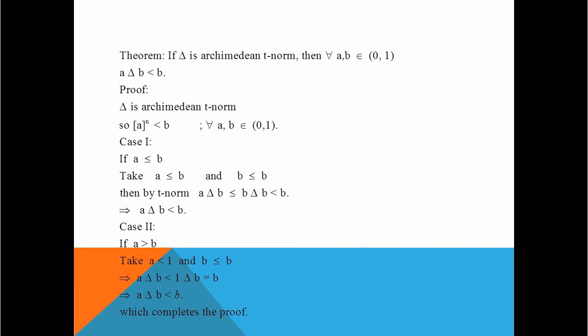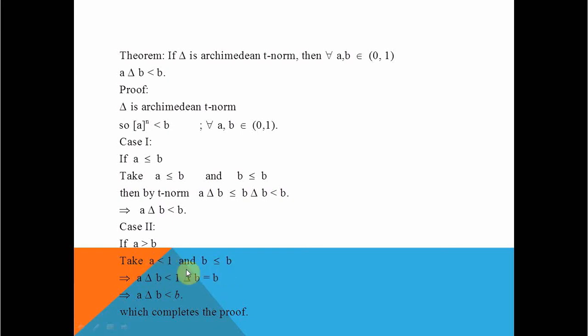Case 2: if a is greater than b, take a less than 1 and b less than or equal to b. a is less than 1 because we are taking numbers a, b which belong to the open interval (0,1). In the theorem statement, for all a, b belonging to (0,1), the numbers should be strictly less than 1. So a is strictly less than 1 and b is less than or equal to b.